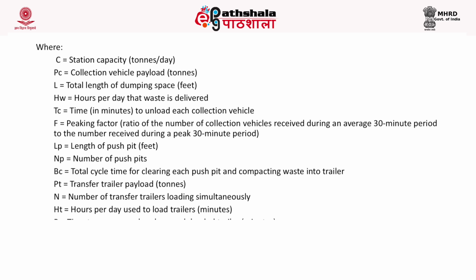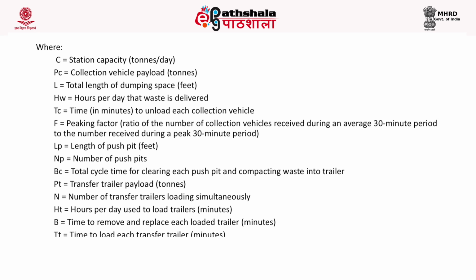Likewise, in the pit station method, you also have a method which is calculated based on the rate at which the transfer trailers are loaded, which is given by C = PT × N × 60 × HT / (T + B).